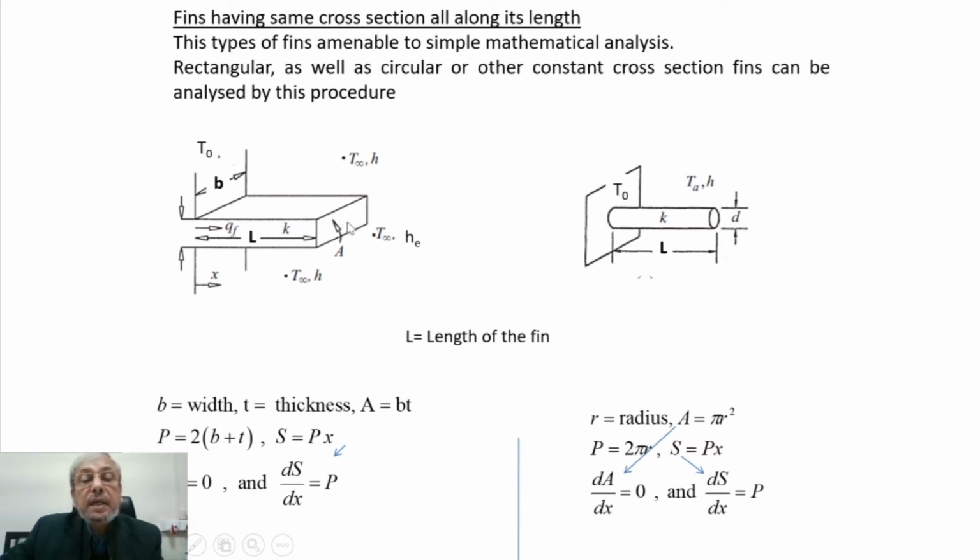And here the heat transfer coefficient is hE. As I said, h and hE are normally the same, but in some situations they can be different. To have a generalized paradigm, we have considered hE as different, but if it is equal, you will see there is no problem. And this is a fin which has a cylindrical shape.